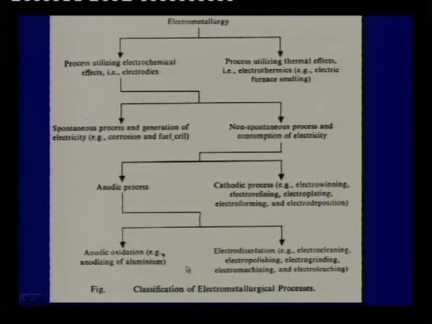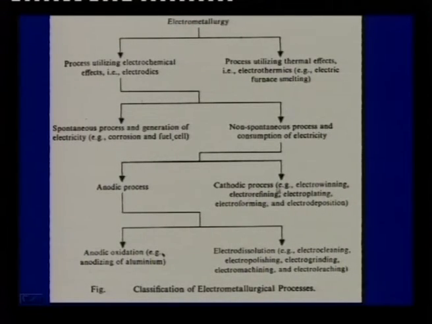Here is a classification of electrometallurgical processes. Now, by the word electrometallurgy, many things are implied, but we have picked up from the entire gamut of things only this area, and that is neither this, nor this, nor that, nor this.